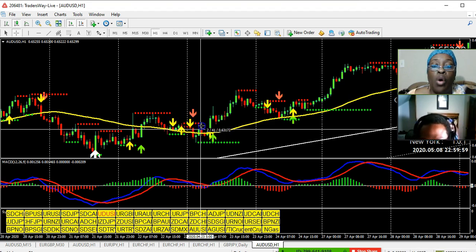So because the first level is 12 pips, I'm dropping 2 positions at 10 pips each. And then my third position, you can take it to the next level if you wanted to do that.